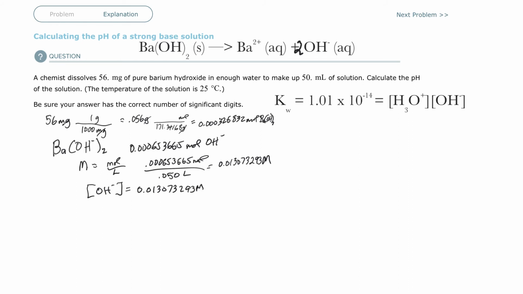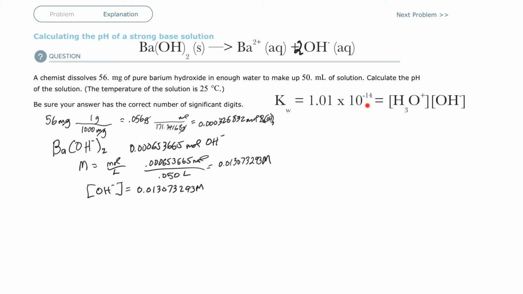Okay, we're halfway there. We now have the concentration of hydroxide ion. Now I need the pH. A couple more steps. I need to remember that the K sub W, or the ion product constant, is 1.01 times 10 to the negative 14.